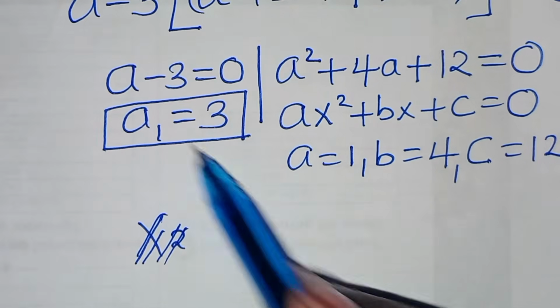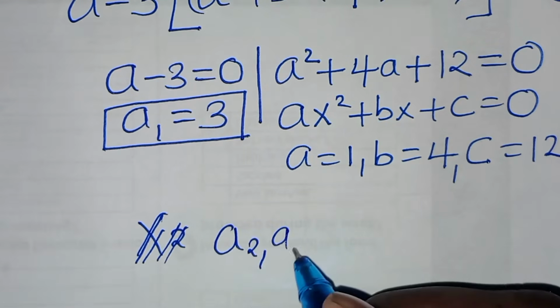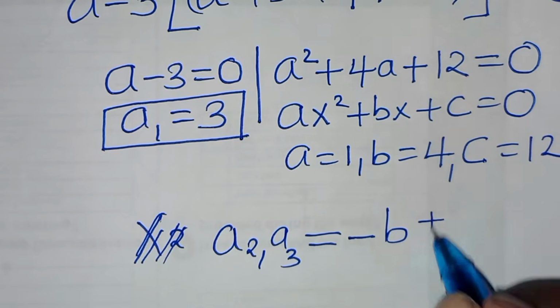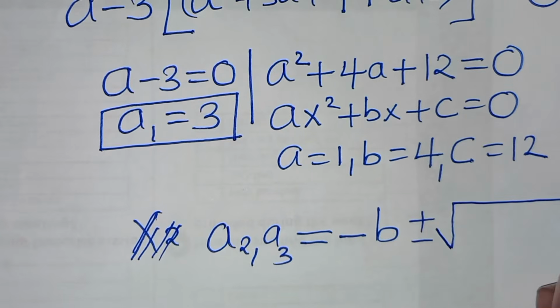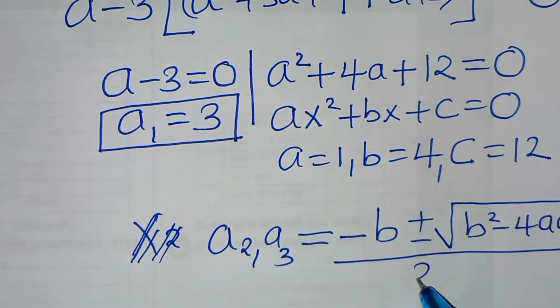For a2 and a3, we apply the quadratic formula: minus b plus or minus the square root of b squared minus 4ac, over 2a.